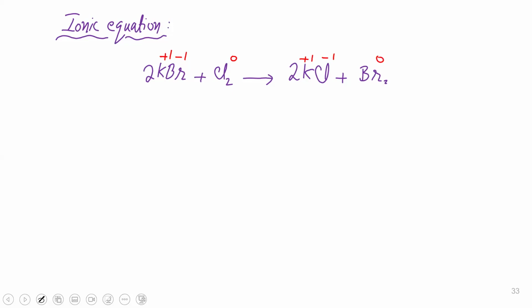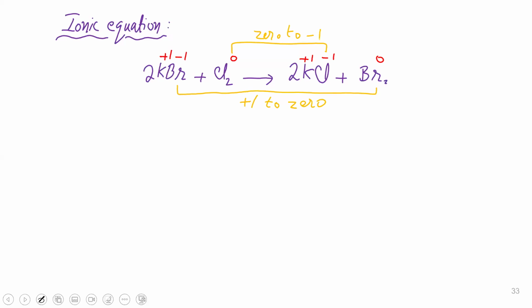Put the charges and observe that Br minus is changing from -1 to 0, and chlorine is changing from 0 to -1.